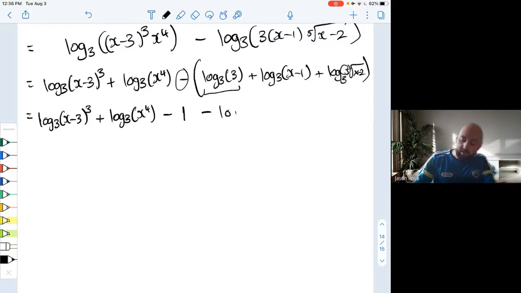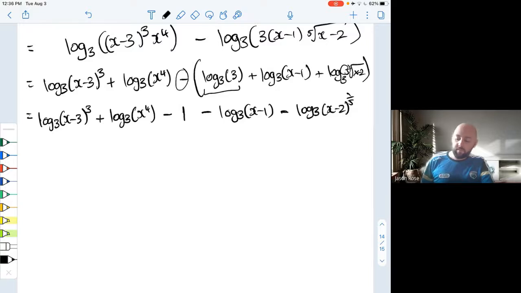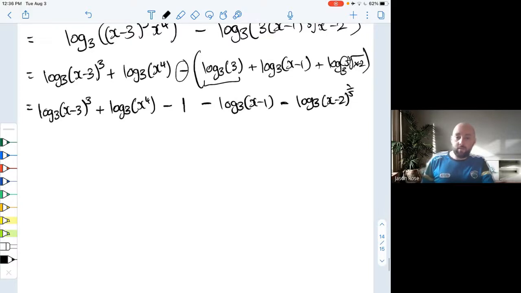My minus sign is distributing onto this. Not much happening here. And a minus sign distributing onto the final term. And it's going to be log to the base 3 of x minus 2 to the power of 1/5. And now I'm almost there. The last thing that I need to do is to bring those powers down.